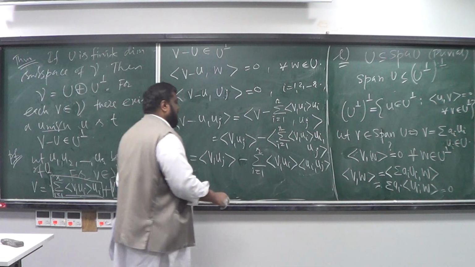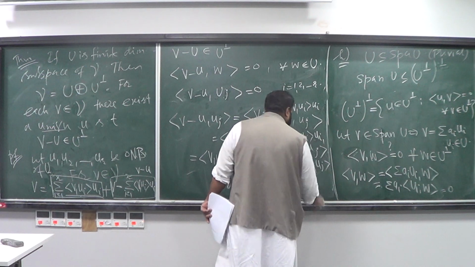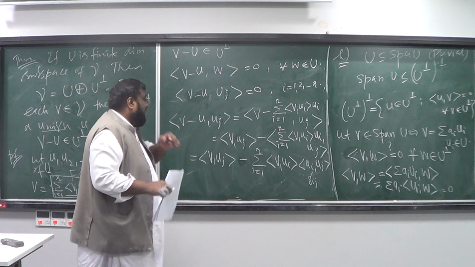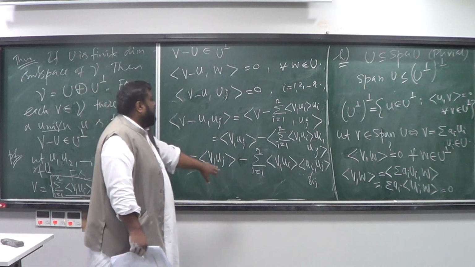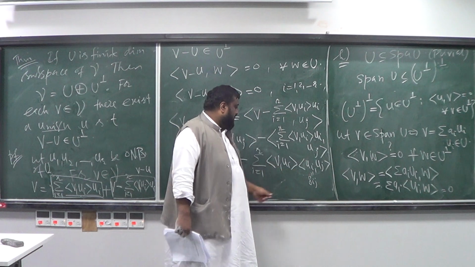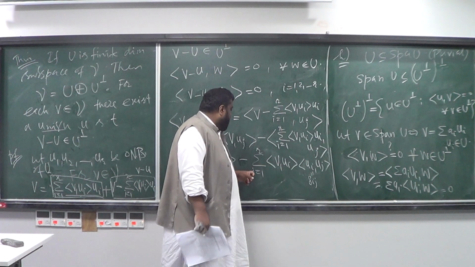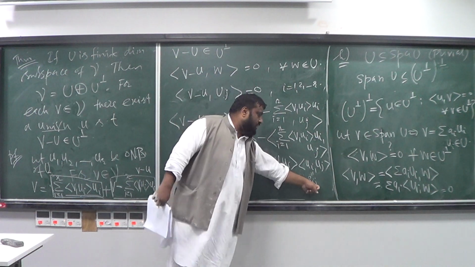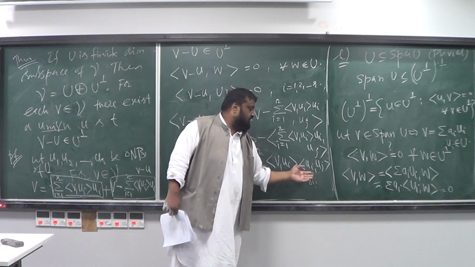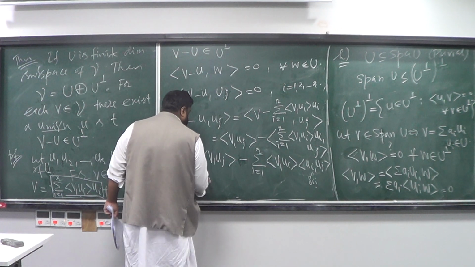But this inner product of u_i with u_j is really equal to delta ij. So in this sum, which term would survive? The only term that survives is the term when i is equal to j. The rest are going to be 0.